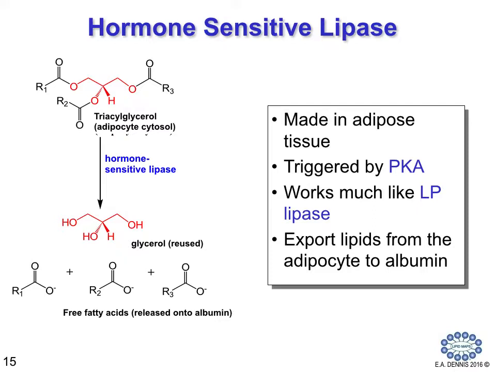Those free fatty acids bind to albumin and are transported as such. So this enzyme is a lipase like lipoprotein lipase in that it hydrolyzes fatty acids from triglycerides to make free fatty acids and glycerol.